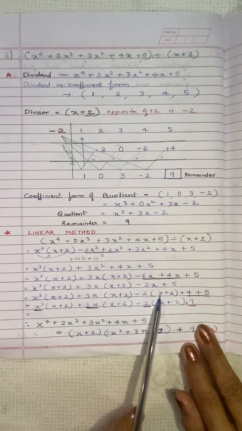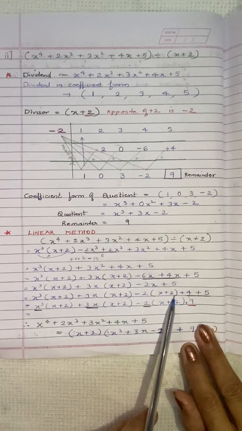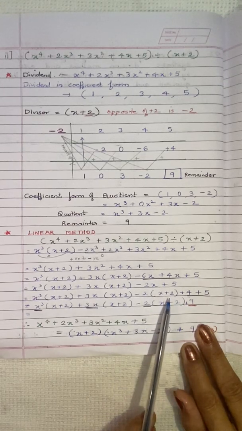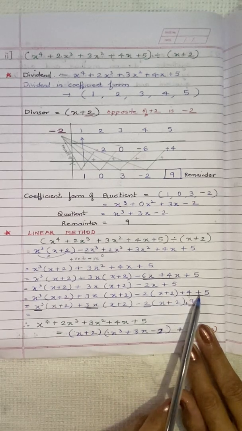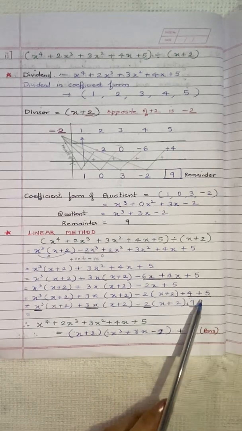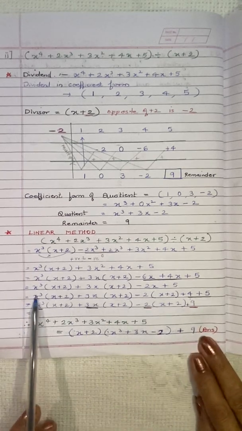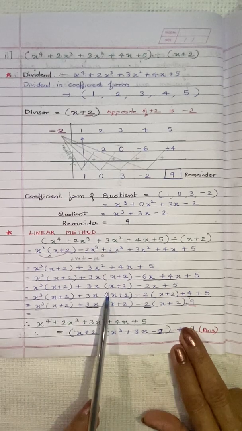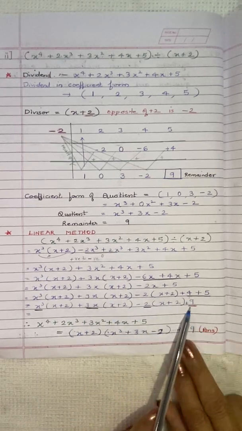Now we'll continue with the division till the last third term, x square as it is, 3x as it is, and we replace x by x plus 2. So negative 2 into x plus 2. Now negative 2 into positive 2 gives us negative 4. We'll change negative 4 to positive 4 and plus 5. Now these two are like terms, so we'll copy this as it is, and 4 plus 5 is 9.